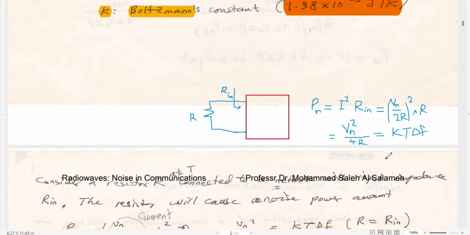Of course, this is when there is complete matching. If there is mismatch, the power will be less than that. So it is kT delta F. This is the maximum noise power that a noisy resistor can deliver to a network.